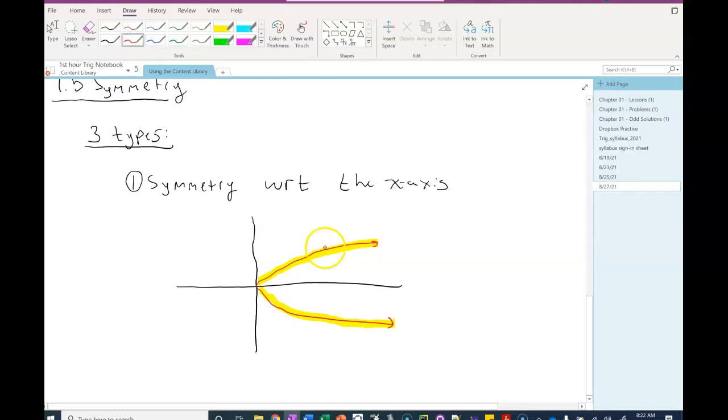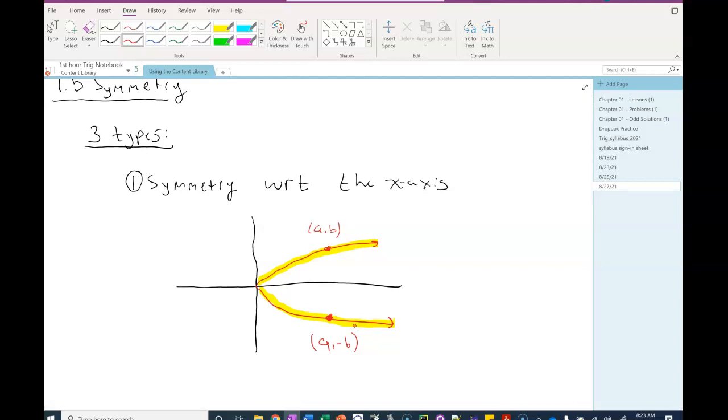Does that feel okay to you guys? So what that's really saying then is if I have some point (a, b) up here, down here I should also have the point (a, negative b). Right? Because if I reflect it across, (a, b) should now become (a, negative b). Does that make sense to you guys? Okay.